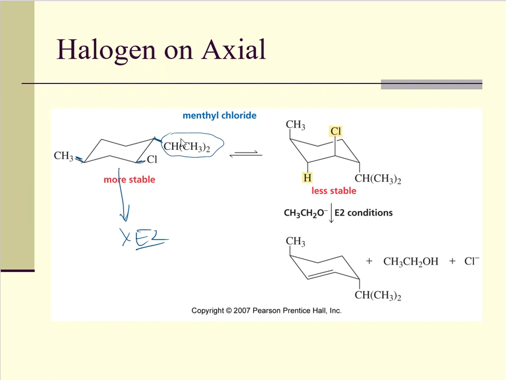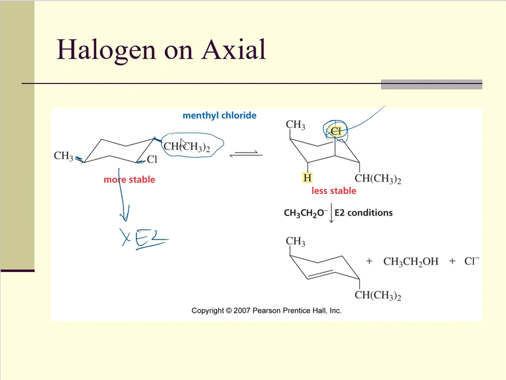E2 only happens when these molecules have flipped and these halogens are now in the axial position. Those axial positions are saying, hey, come and get me. Right here I am. And those E2s then eliminate that chlorine. So that chlorine, pop, off it goes, and a double bond forms at that time. So just keep that in mind with some of the questions that they ask.